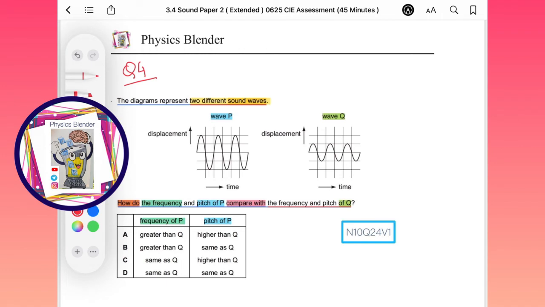How do the frequency and pitch of P compare with the frequency and pitch of Q? Okay, this question is very important to differentiate between pitch and what you know about loudness. One of the features of any sound wave is that you can say this sound has high pitch or it has low pitch.